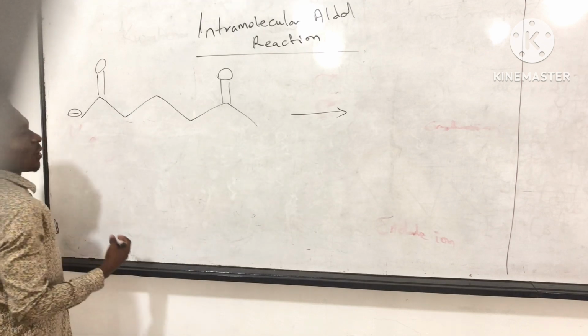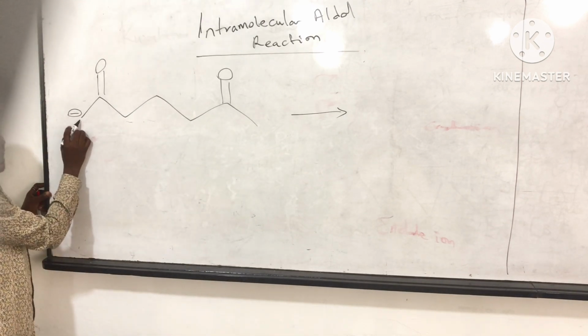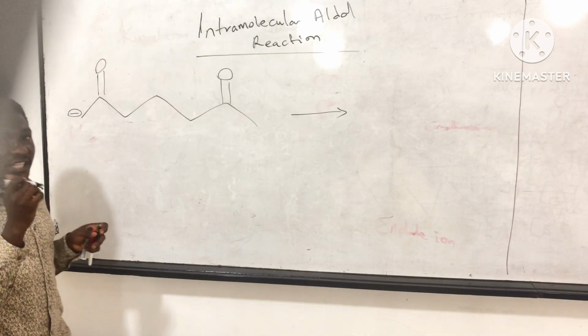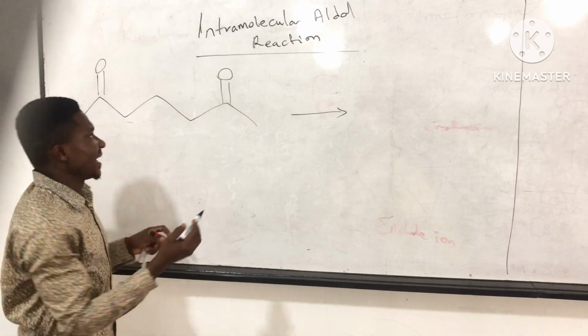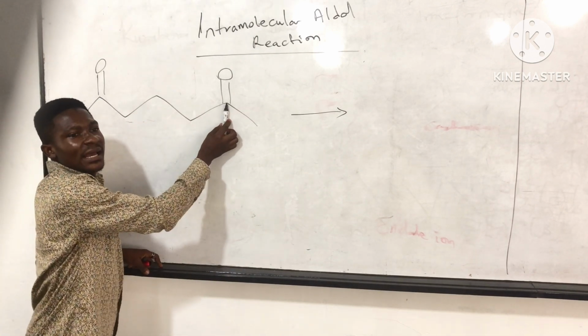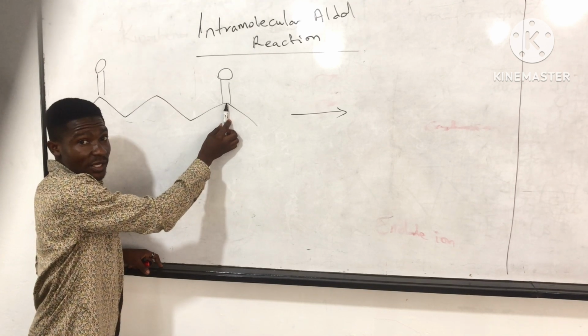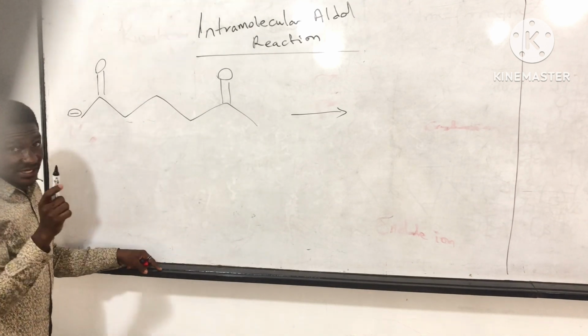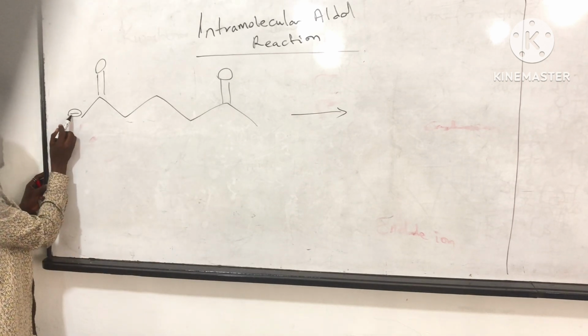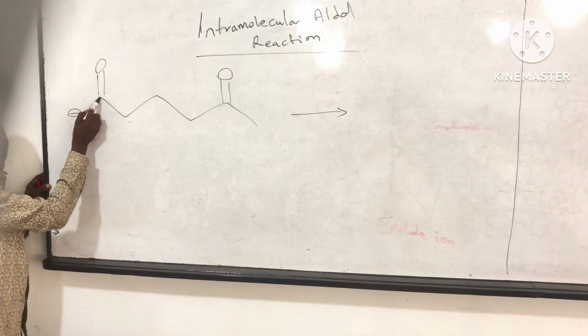Now, what is going to happen is that our carbon ion, or the carbon bearing the negative charge, will attack the carbonyl carbon of the next carbonyl system. Do not make a mistake. This carbon ion cannot come back to attack this carbon. Why?